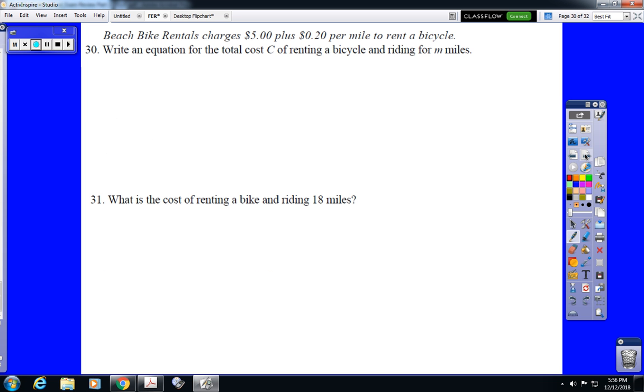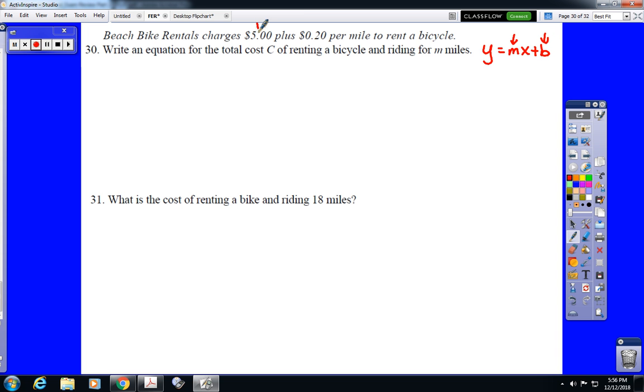The remainder of the page is dealing with linear equations. So number 30 says write an equation for the total cost C of renting a bicycle and riding for M miles from Beach Bike Rentals, which charges $5 plus 20 cents per mile. So we're going to be writing an equation in mx plus b form, which means we need to identify the slope and the intercept.